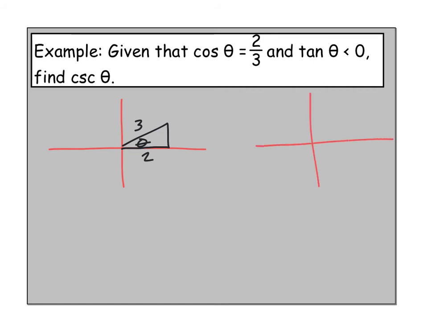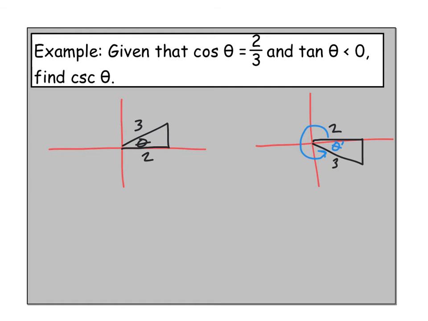cosine could also be positive 2/3 if our triangle was here, and that adjacent was 2, and the hypotenuse was 3. And the actual angle for that option, again, in standard position would be this way, but we would be using the reference angle of this little guy here, because that's how we could get a right triangle drawn.